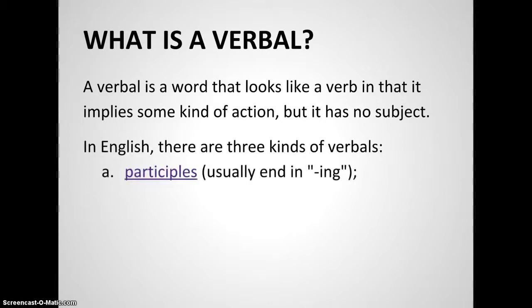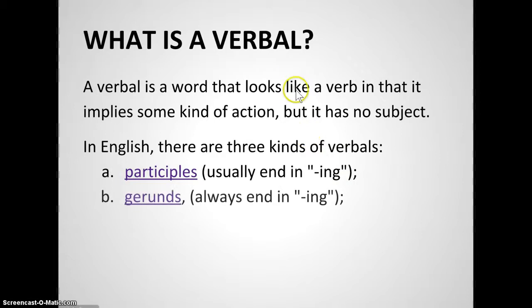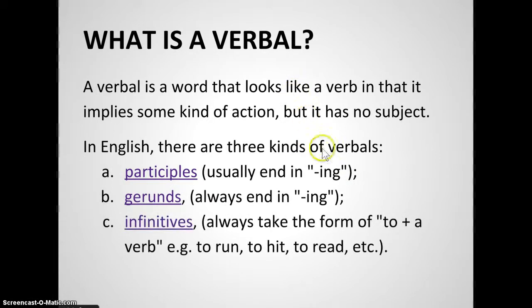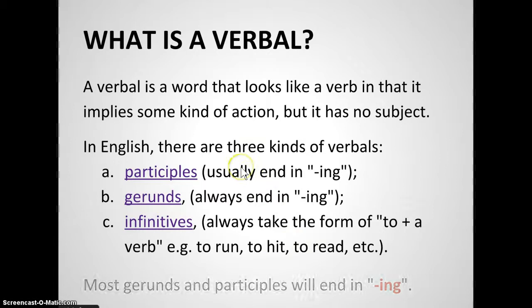In English, we talk about three kinds of verbals: participles, which usually end in ing. So in English, you want to look for ing words. Participles always end in ing. And infinitives are the easiest to find because they are always in this form: to plus a verb, to run, to hit, to read, etc. So again, an important thing to remember here is that when looking for gerunds and participles, look for words that end in ing.